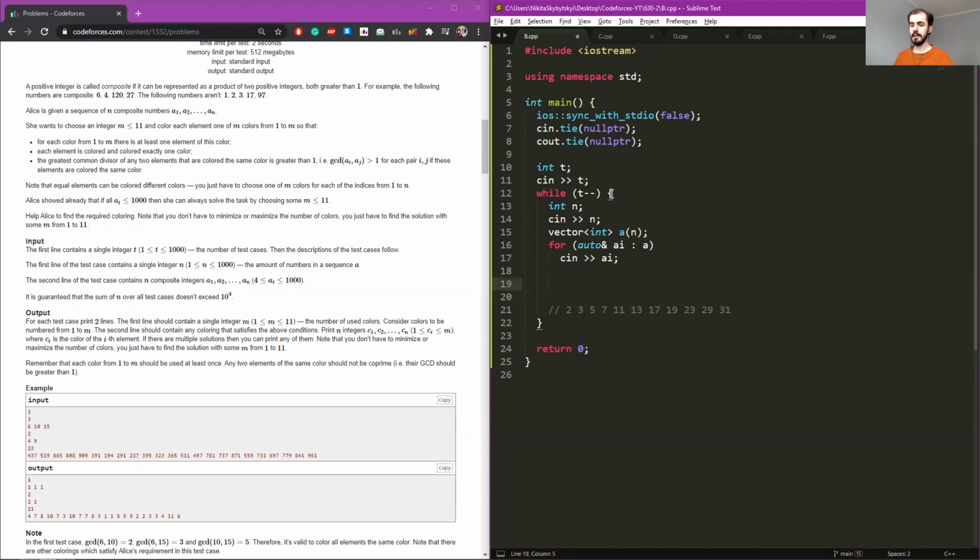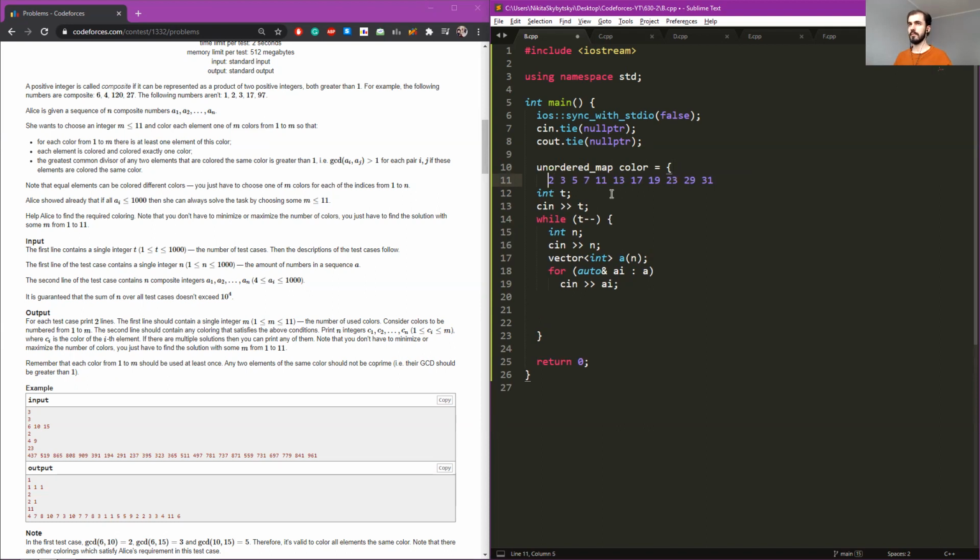Well, okay, then I guess I will just copy it here. So we'll just color every number based on its prime divisors.